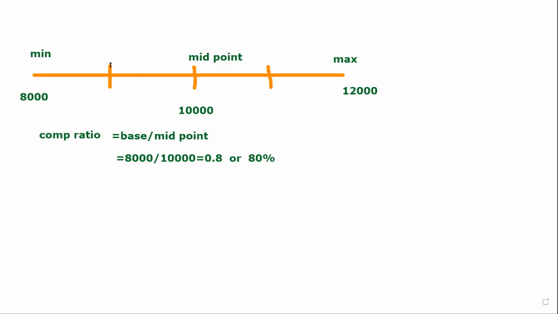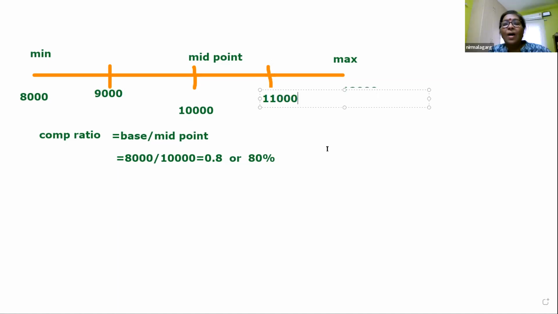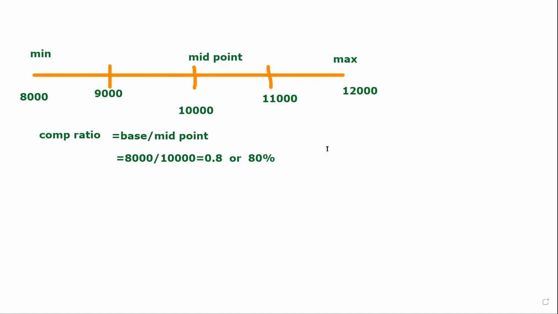Does it also mean that the remaining 20% are drawing more than Anish? So here we tried to see the meaning of comp ratio with this example. If the XYZ resource is drawing 8,000 and the midpoint is 10,000, it comes to roughly 80% in terms of comp ratio.